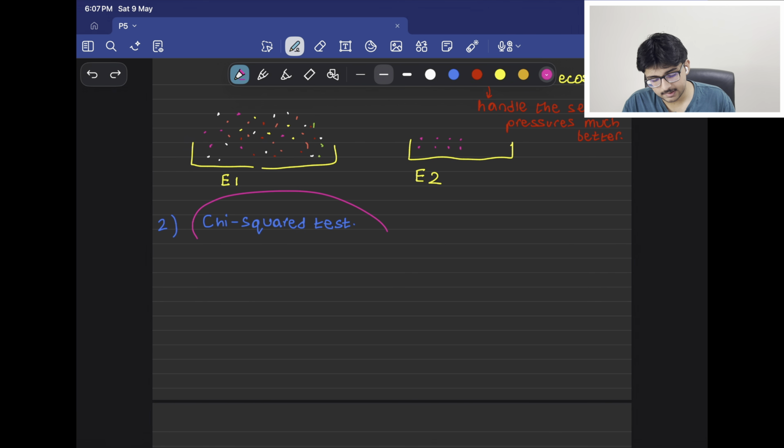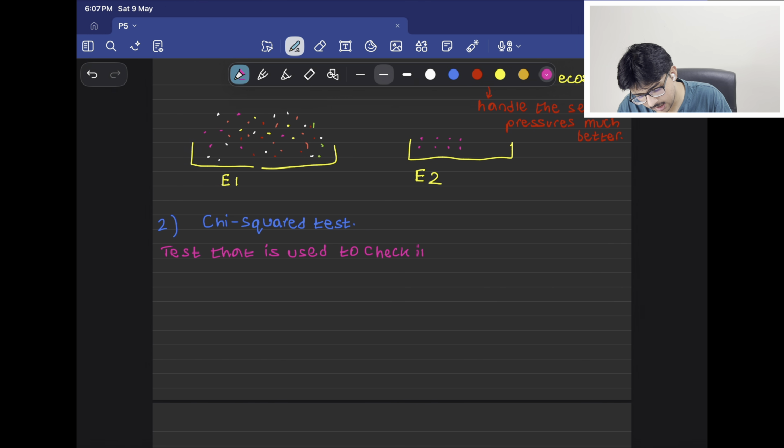So what is the chi-square test? The chi-square test is a test, obviously, that is used to check if there is any significance between observed and expected numbers.